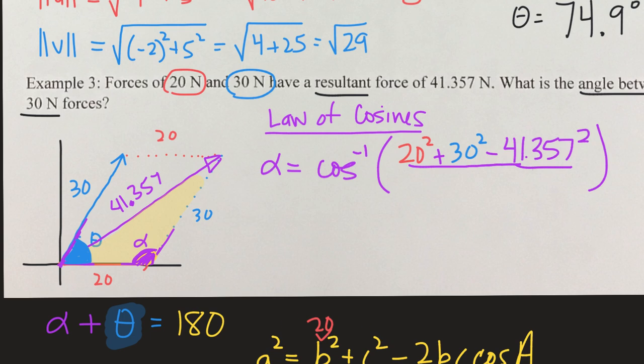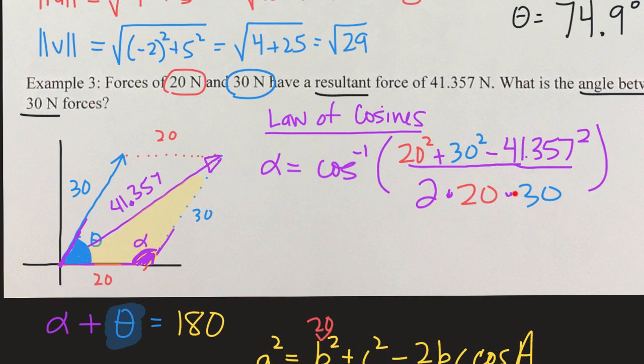That's this part of our law of cosines. Now, on the bottom, we're going to do 2 times 20, I did 20 in red, times 30. So this is the formula that we're going to use to calculate our angle using the law of cosines.